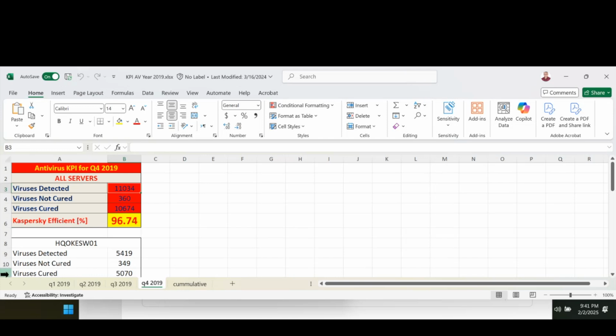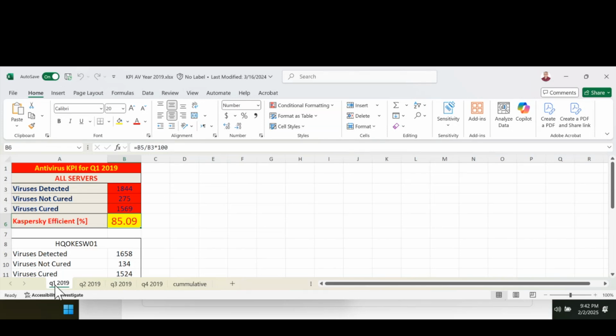It is to detect and delete viruses, right? After all, this is the antivirus responsibility. So assuming that the antivirus was able to detect 1,000 viruses, but was able to delete or remove only 850 viruses.